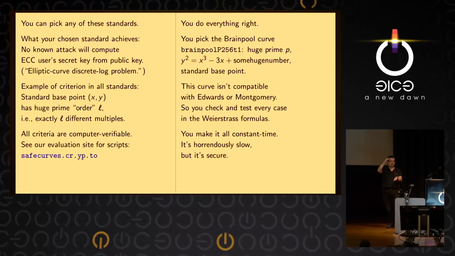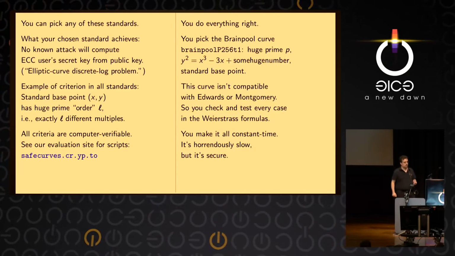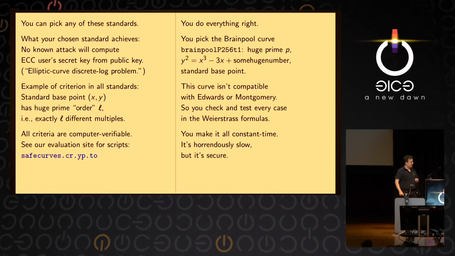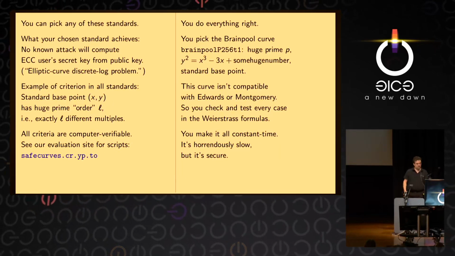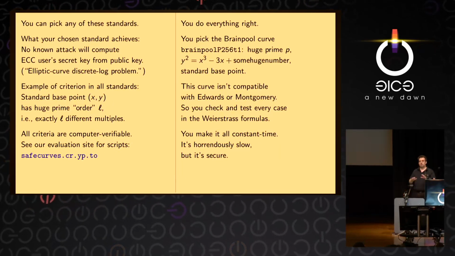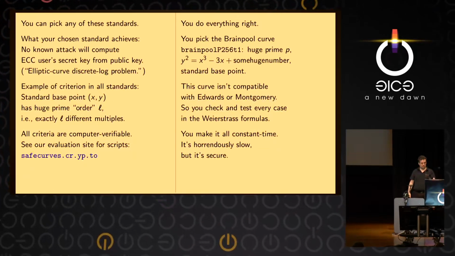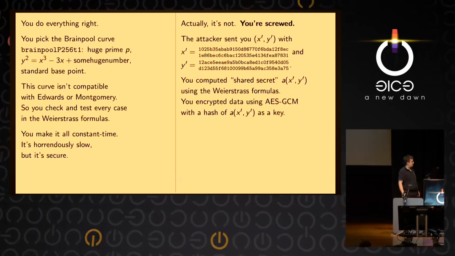You figure out test cases for everything. You have correctly implemented the Weierstrass addition, all 6 cases, and timing invariant. You do everything constant time, so you're not going to leak any information to an attacker. And then you have something which is painfully slow, but you're confident about the security, until the attacker comes along.